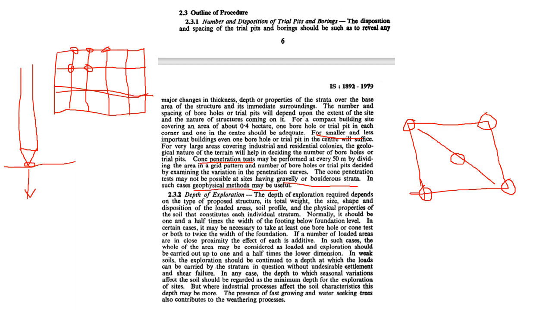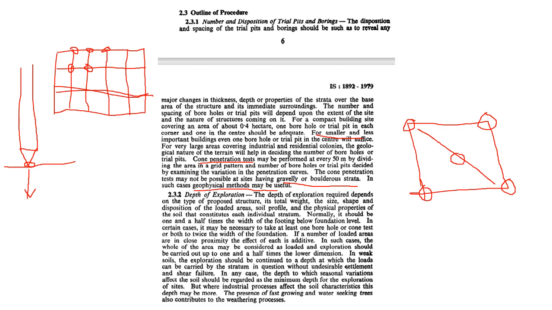So you can assess this variation horizontally, with respect to all the points, and then you can decide. Maybe based on this, you decide only here and here we need to take a borehole. Then you can take somewhere here.